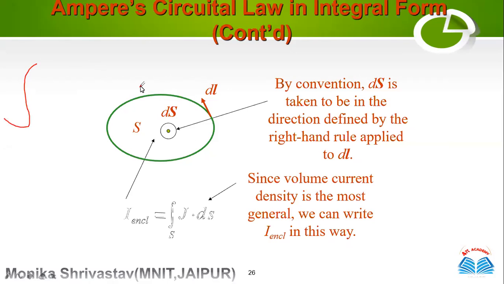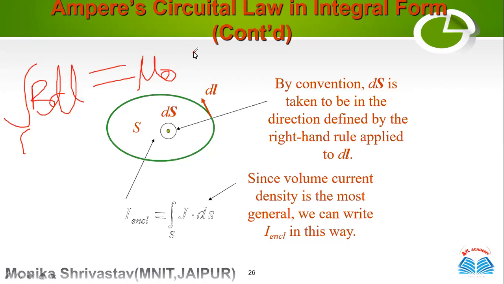So the form will be: closed integral of B dot dl equals mu naught, and here I enclosed I can write as the surface integral of J dot ds. Okay, so in surface charge density format we can write this equation as this one.